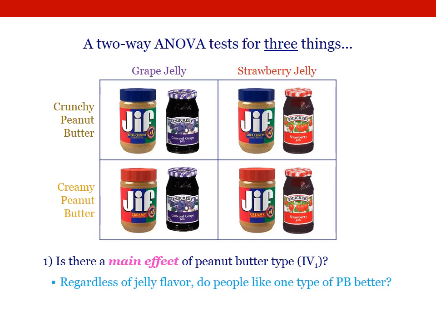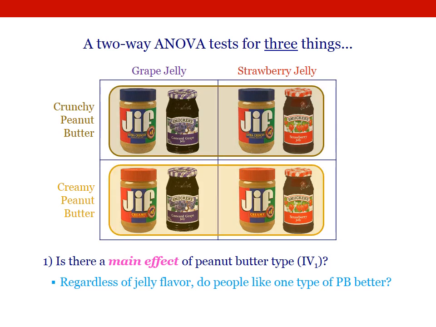So statistically, what we're trying to answer is whether people overall liked one type of peanut butter better than the other. So in essence, what we're going to do is take these 4 separate groups and collapse them down into 2 groups. Any person that got crunchy peanut butter on their sandwich, regardless of whether they got grape jelly or strawberry jelly, those people are all going to get lumped together into one big group.